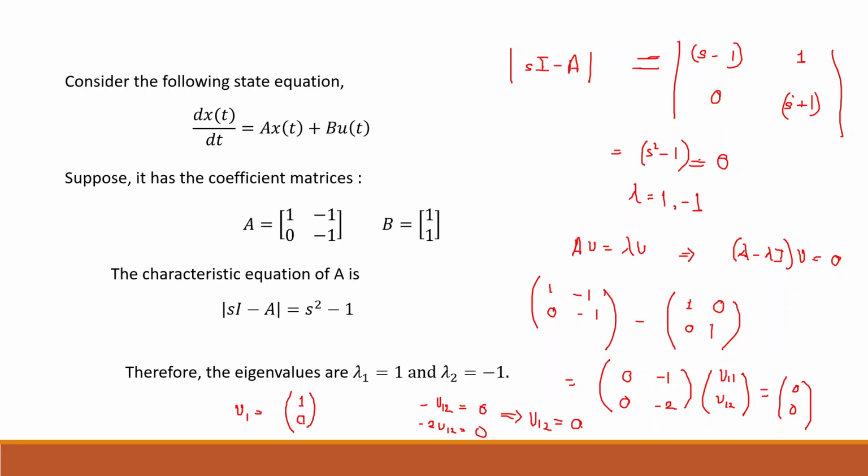Here it can be any linear combination of this, so 1 can be multiplied by any constant k. The vector will be any scaled version of this vector [1, 0]. So this is my first eigenvector.